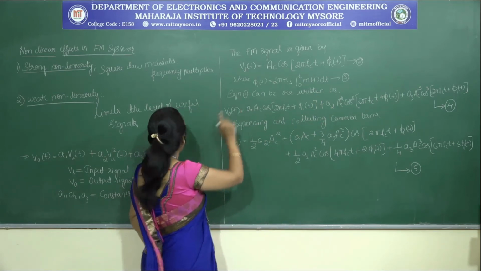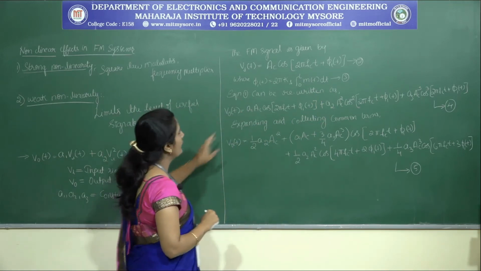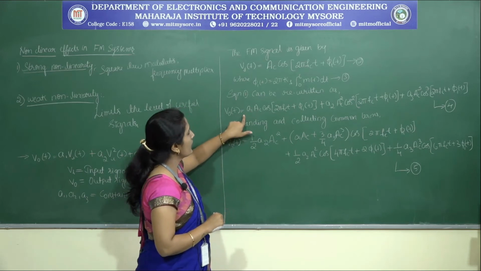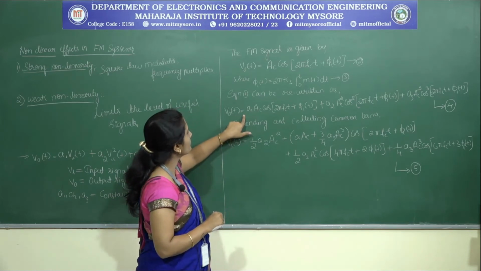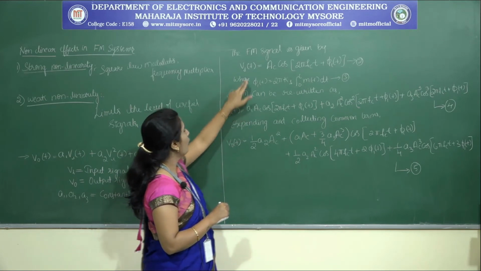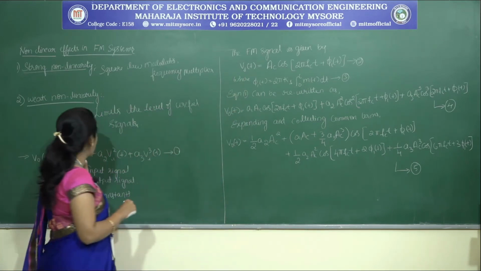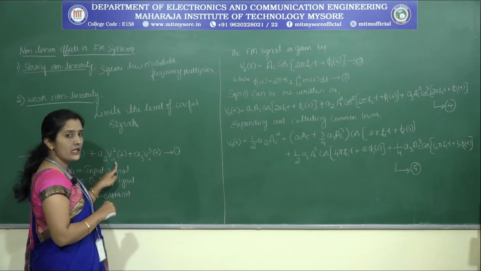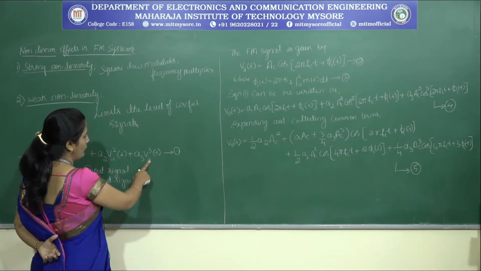Now, equation 1 can be rewritten. Here you can see we have Vi of t, Vi square of t and Vi cube of t.